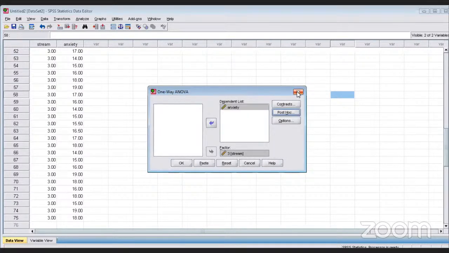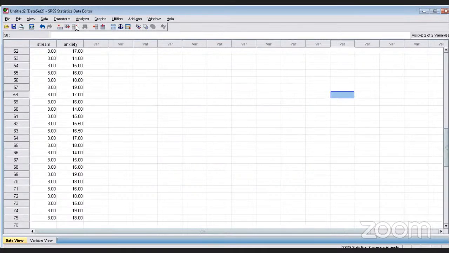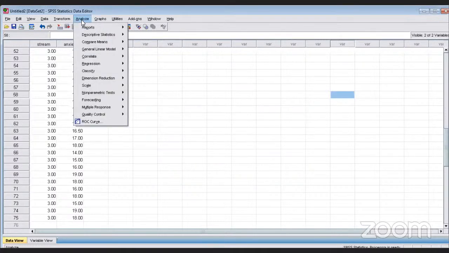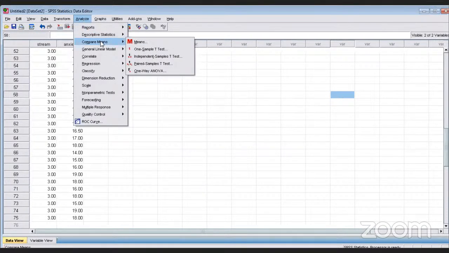Okay, Sojanya, I am explaining to you. You first go to analyze, then come to compare means, and then come to one-way ANOVA. And now you click it.